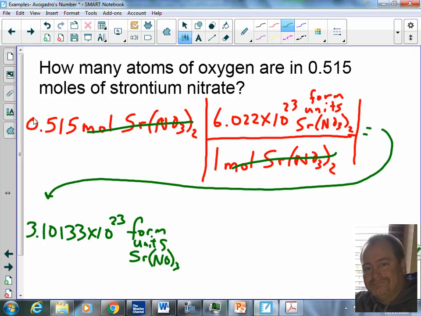Now I've got to convert this to what? Atoms of oxygen, right? So, I have another conversion box. What goes on the bottom? Formula units go on the bottom. How many formula units? Look at our last example.